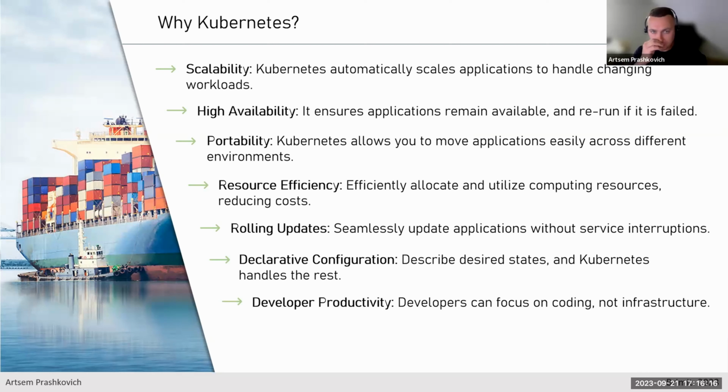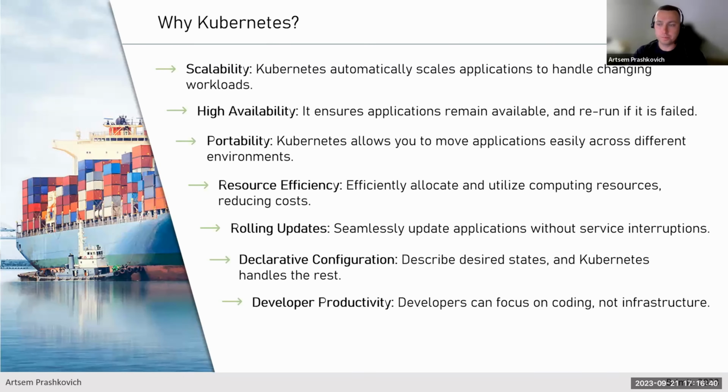Declarative configuration means that we describe, using a Kubernetes manifest, what we want to reach as a result of the deployment, a kind of desired state, and Kubernetes does everything to reach that.